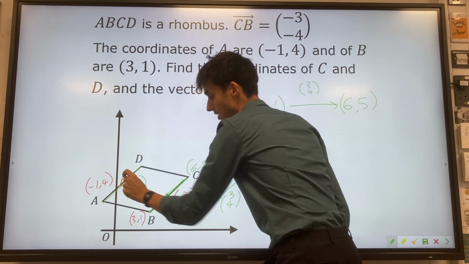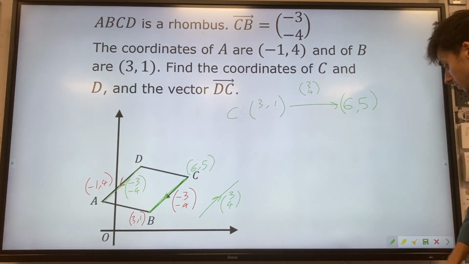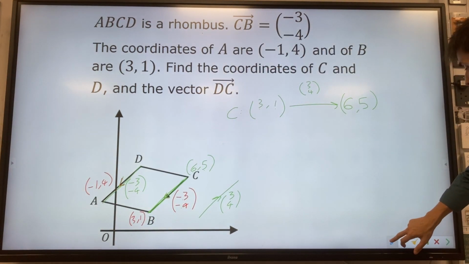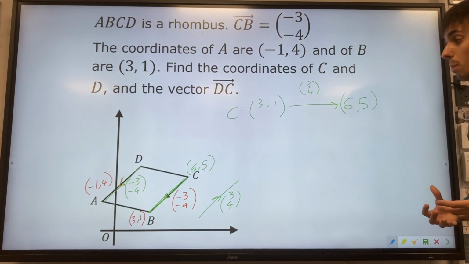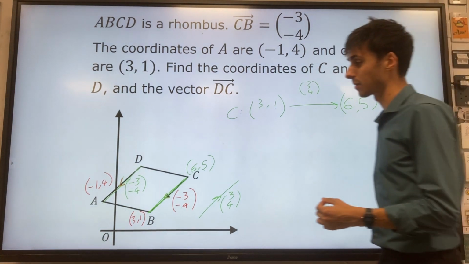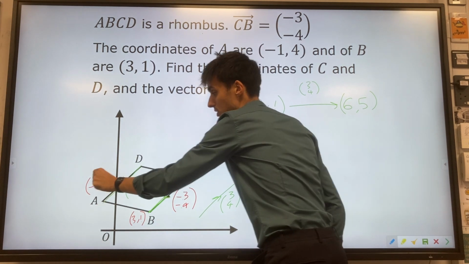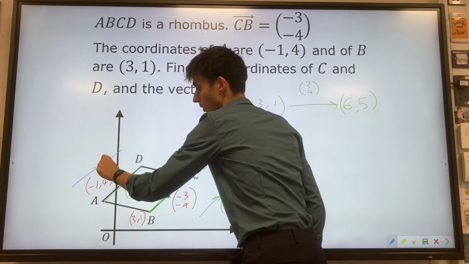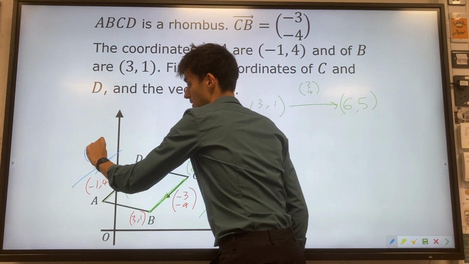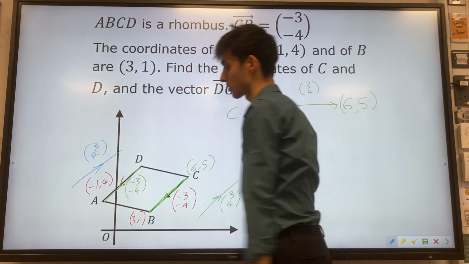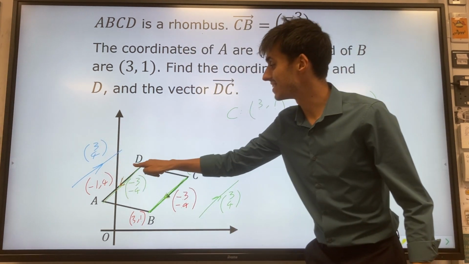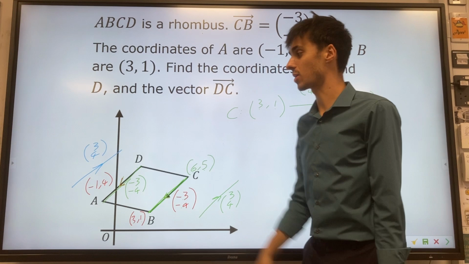And again, the direction is important. I've changed colour so we're not going to overlap too much, but going back the opposite way is exactly the same thing. If this way is -3, -4, then going back this way must be +3, +4, from A to D as a vector, the opposite direction.